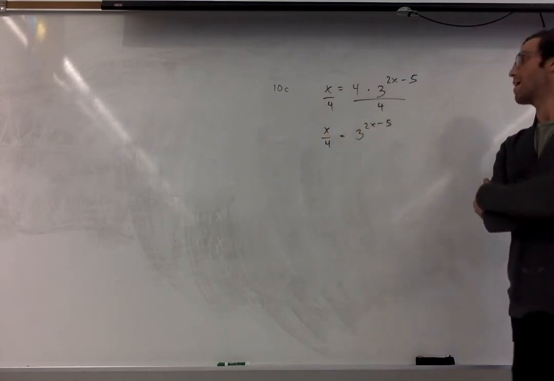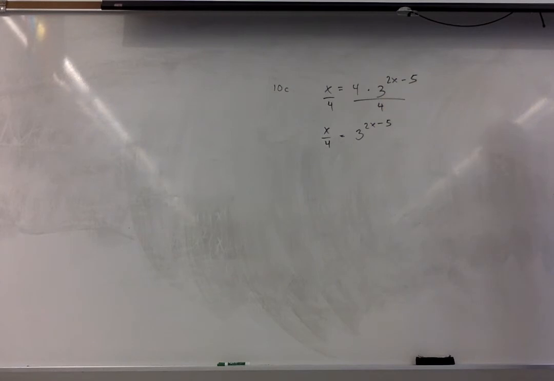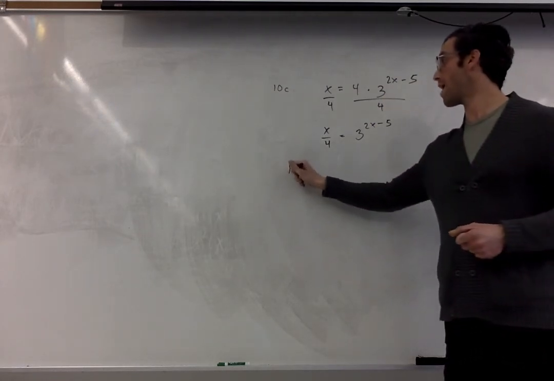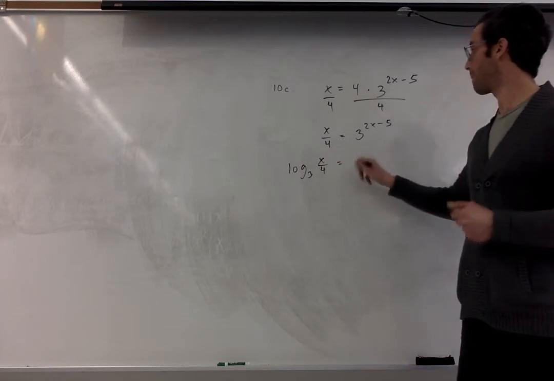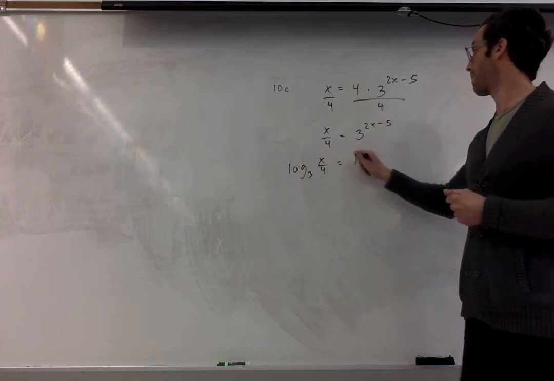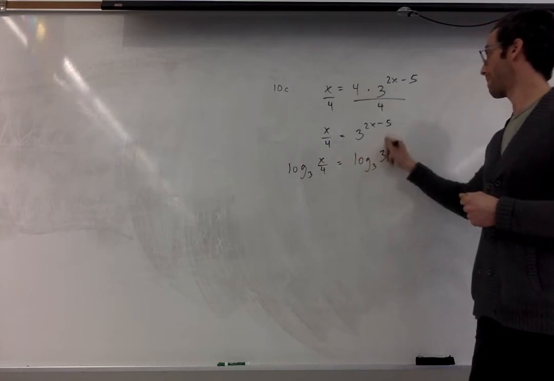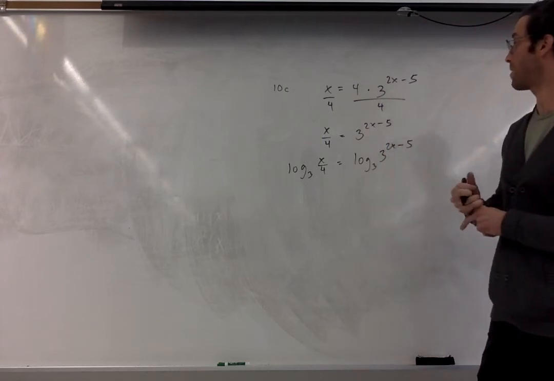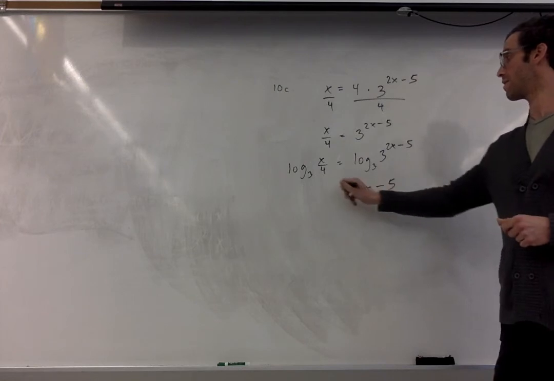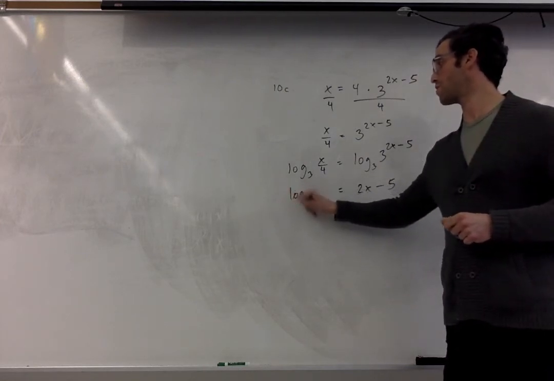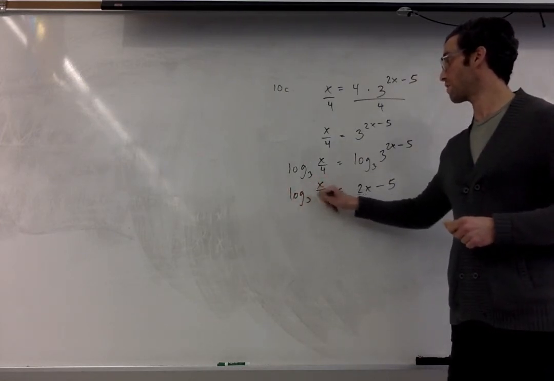And at this point, as you might have guessed, we use logarithms. Take the log base 3 of both sides. And we end up getting 2x minus 5 equals log base 3 of x over 4.